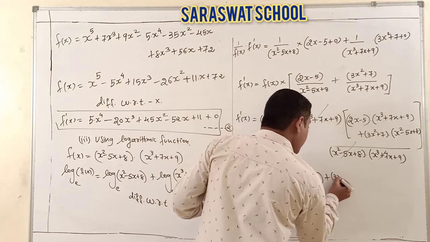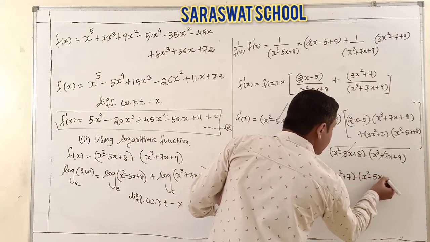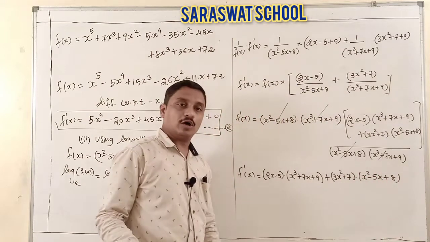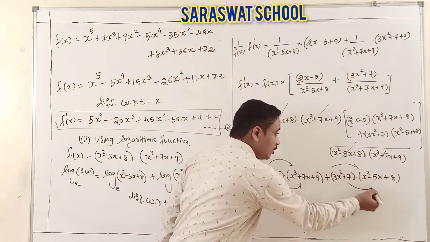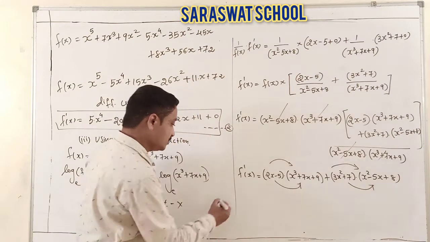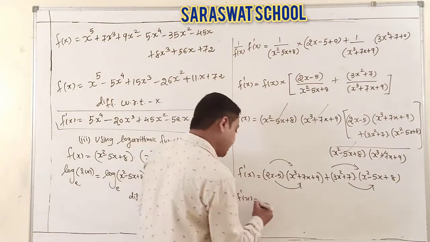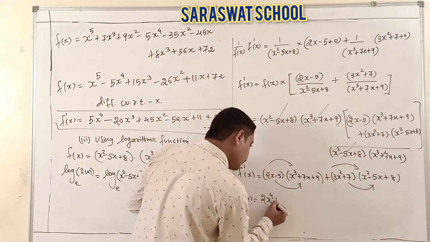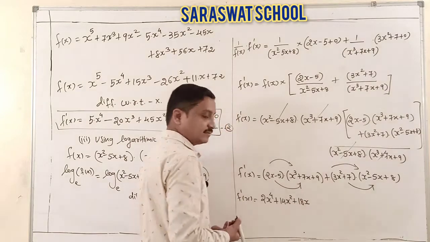Plus, this also as it is. Now expand this one by one. This also expand one by one. So what do you get after expansion? First of all, 2x multiply: 2x⁴, 14x², 9 2s are 18x.